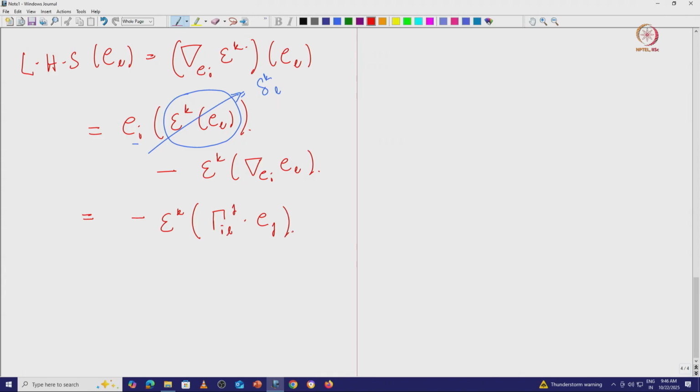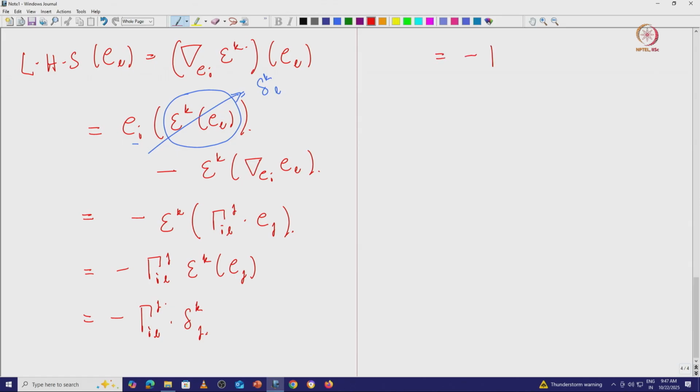Okay. So by the C infinity linearity of one forms, this is simply this, which is minus gamma ILJ delta Kj. Okay. But now again you are summing over the repeated index, which is j. So the only non-zero contribution is going to be when j is equal to k.